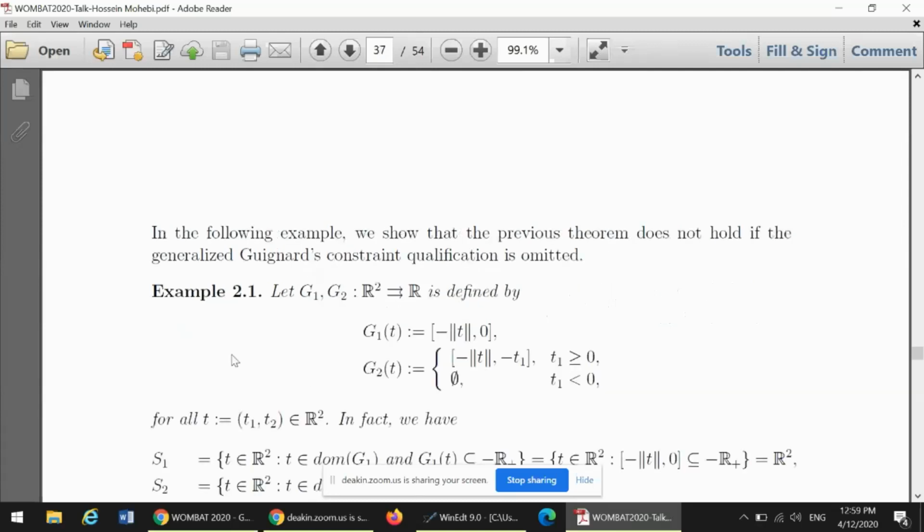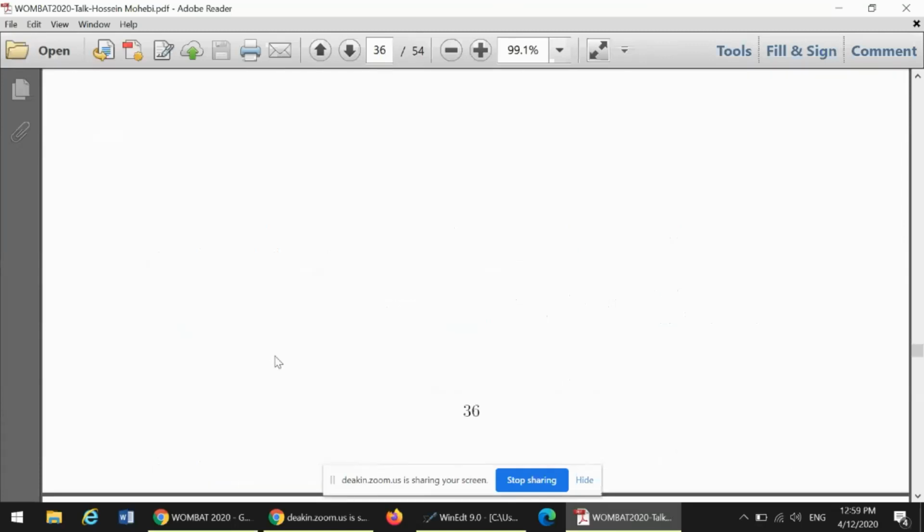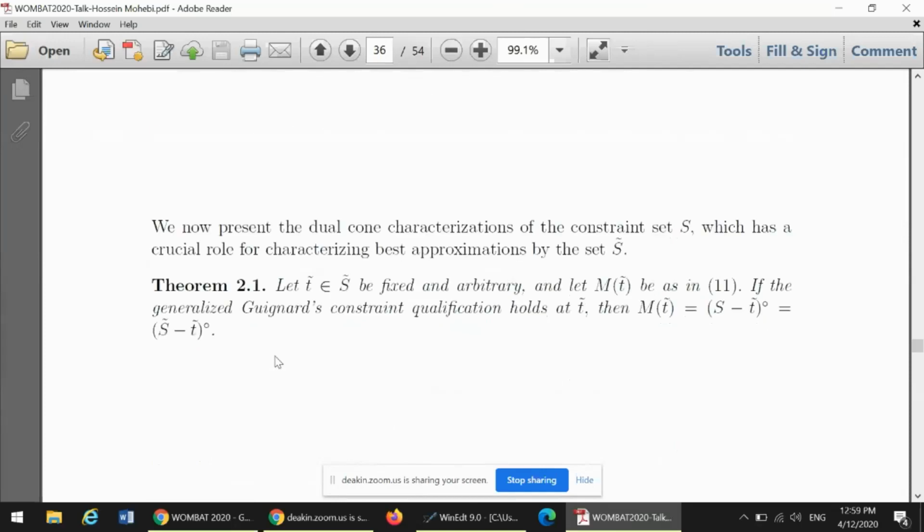In the following example, we show that if the generalized Slater constraint qualification in theorem 2.1 is omitted, then this theorem does not hold.